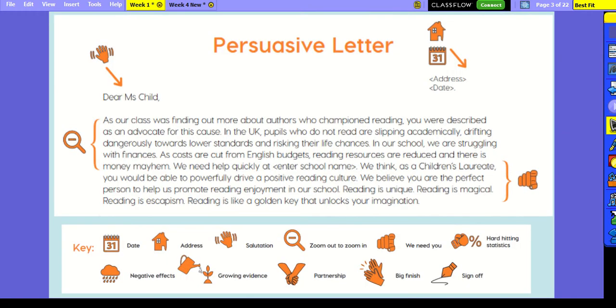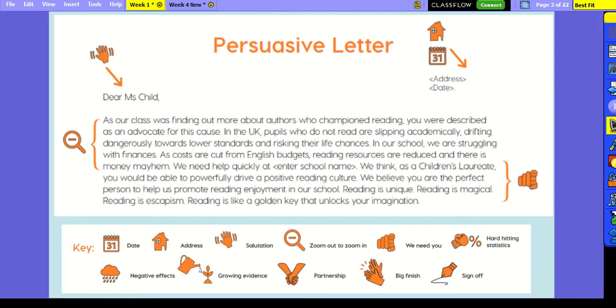So this is our persuasive letter and we are writing a persuasive letter to a famous author, and we are going to try to persuade or convince the author to come and visit our school. So our letter needs to convince the author to come and visit our school.